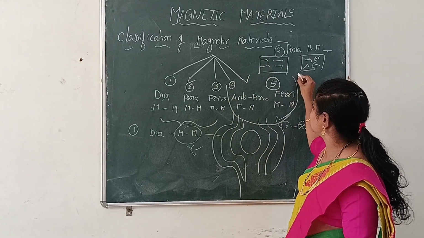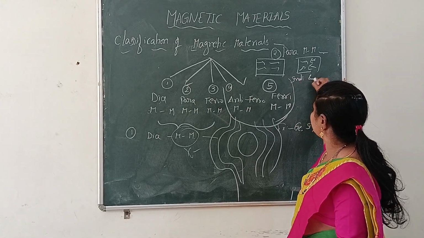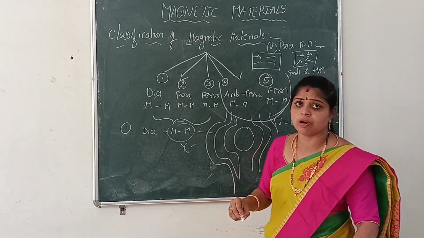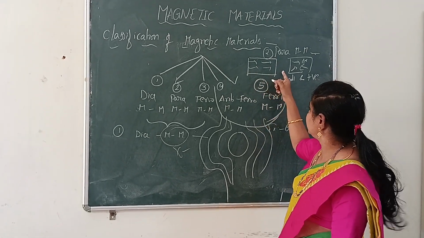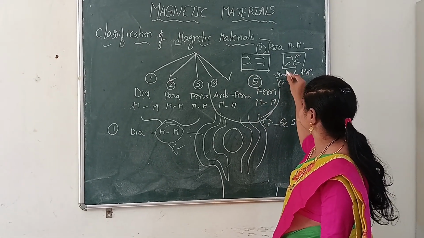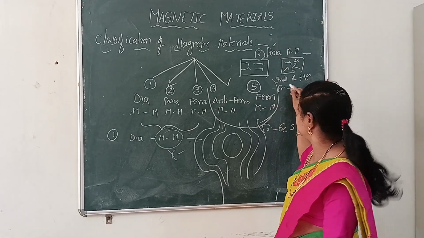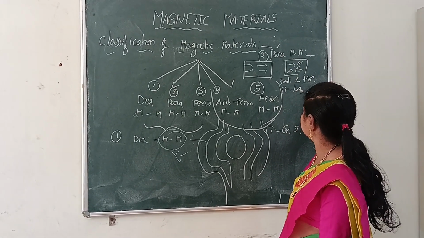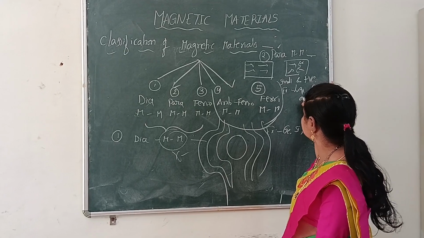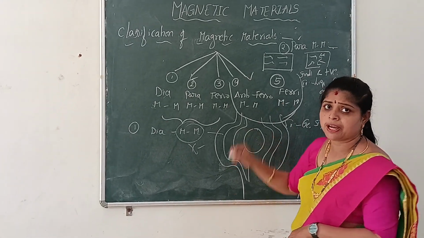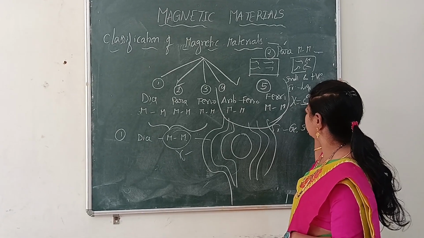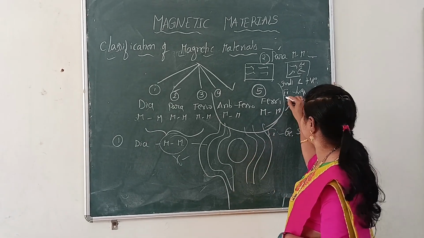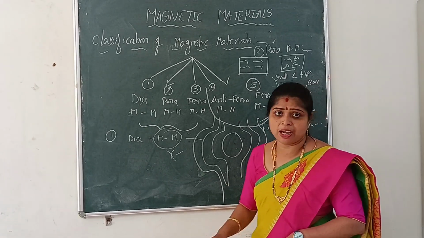Susceptibility is small and positive. Examples are liquid oxygen and gaseous oxygen. They obey Curie's law: J equals C by T.